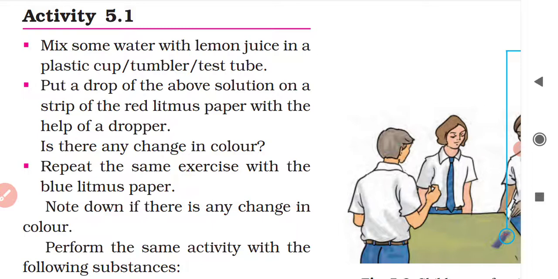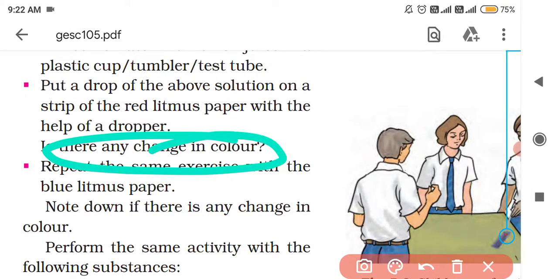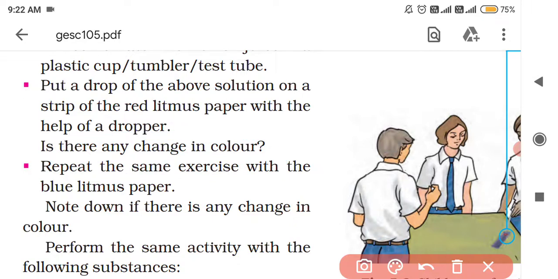Is there any change in color? That means you have to take some solution of lemon juice and water and drop it over the red litmus paper. They are asking whether there will be any change in color.